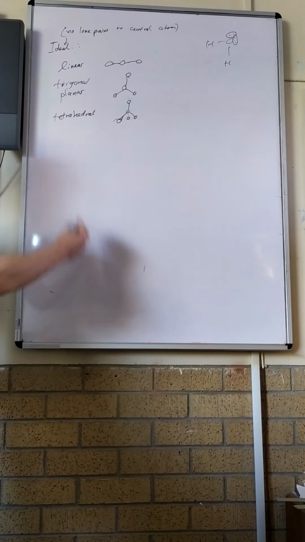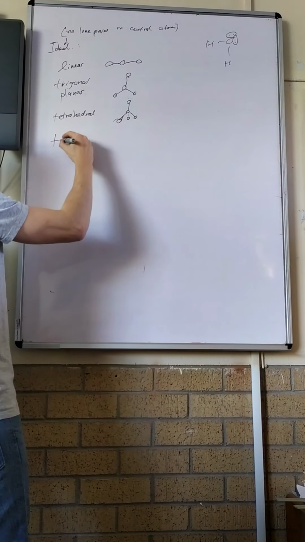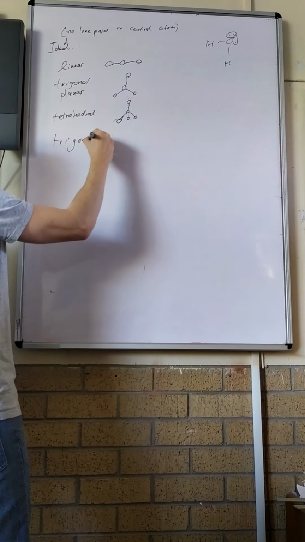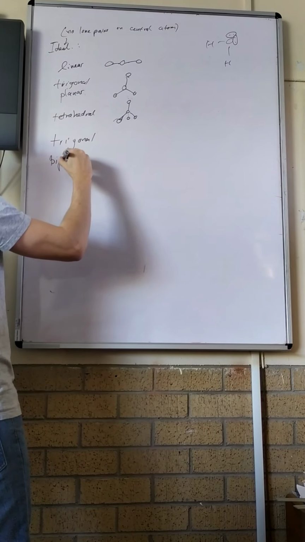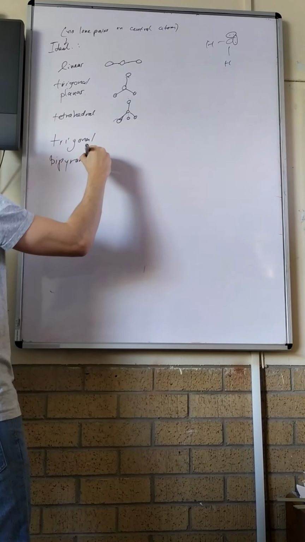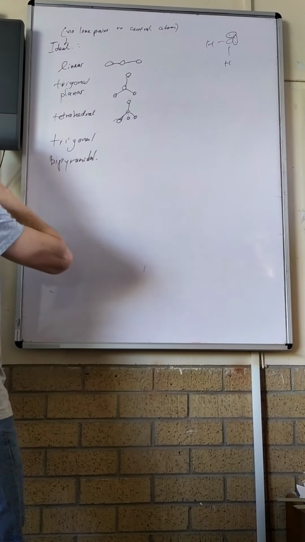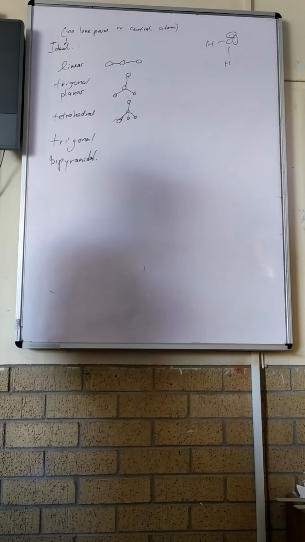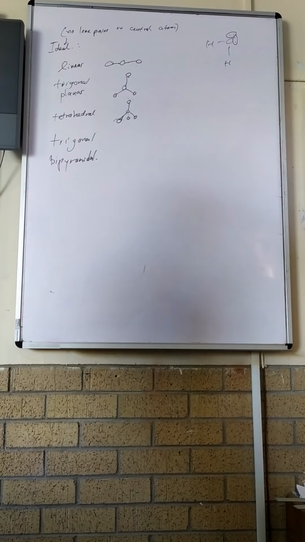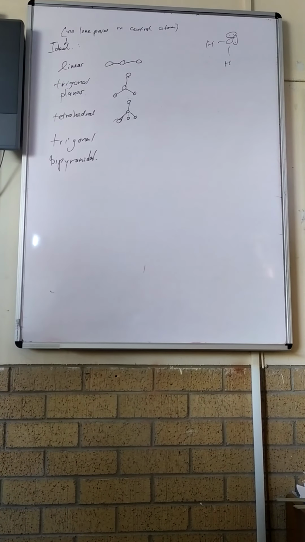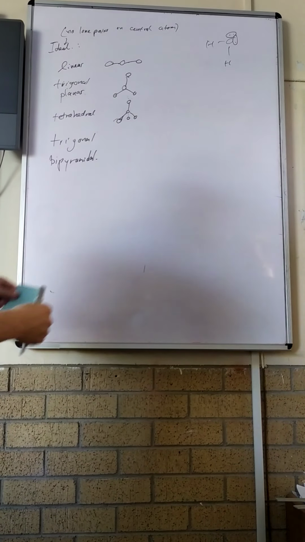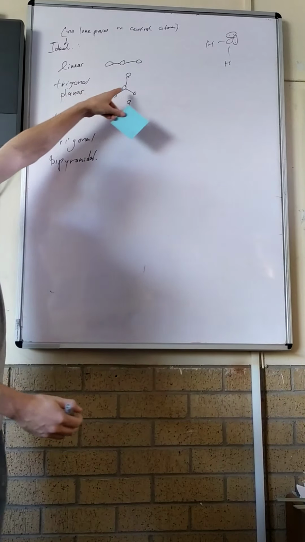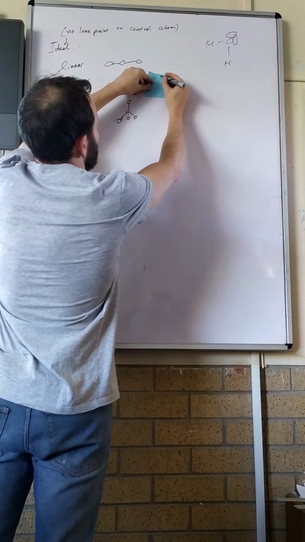Next ideal shape is called trigonal bipyramid. What is this one like? I'll show you what it's like. Take this fidget spinner thing, okay?